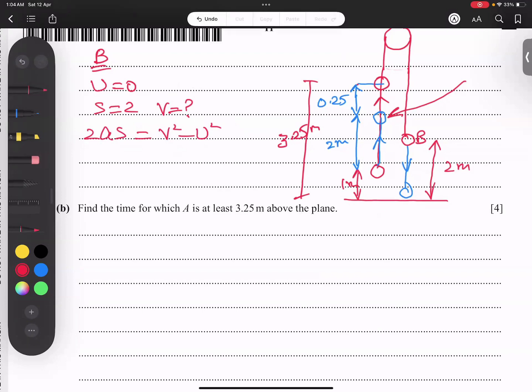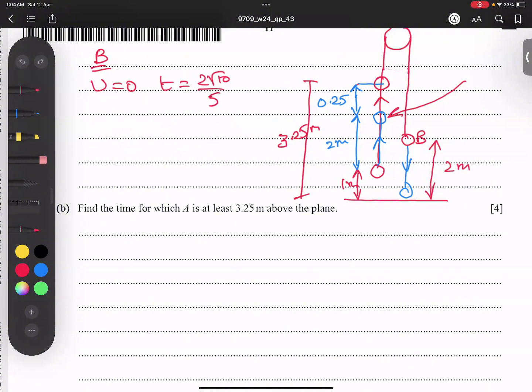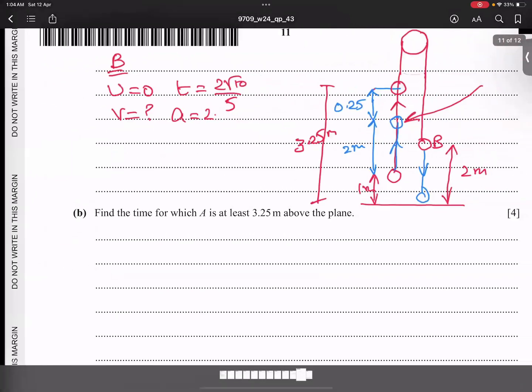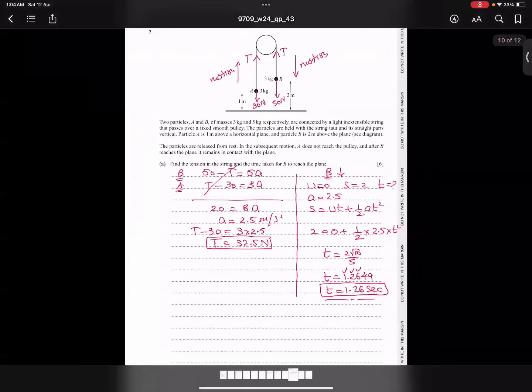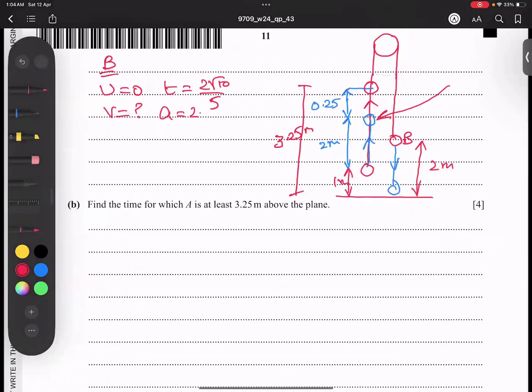I think I can use the easy one: v is equal to u plus at. That is the easier way. And acceleration we have 2.5. Let me check, 2.5 or what? Hold on. Yeah, 2.5 is the acceleration.